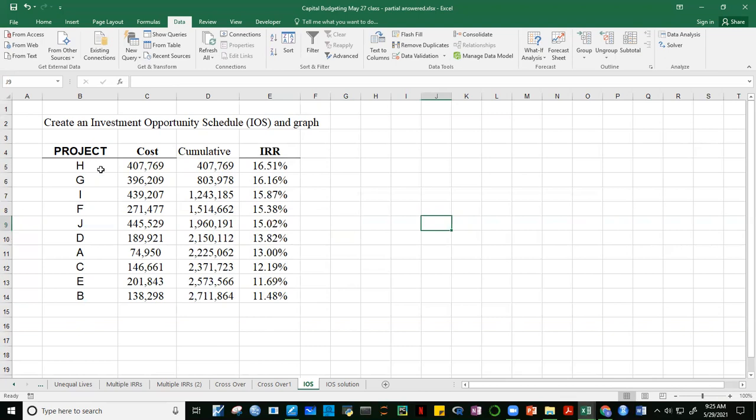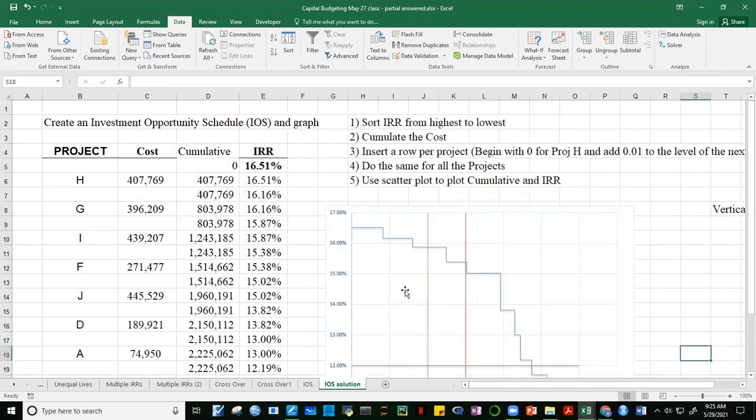For example, for project H, we're going to plot from 0 up to 407. Because we need to plot this line, from 0 up to 407, we will have to insert this point 0. We already have 407,000. We need to insert 0 so that we can plot this range from 0 up to 407.